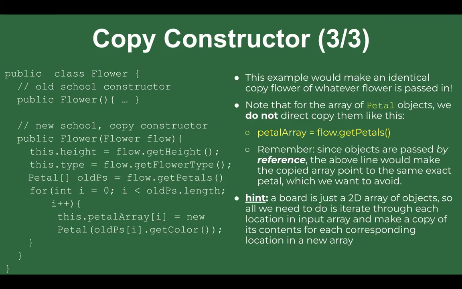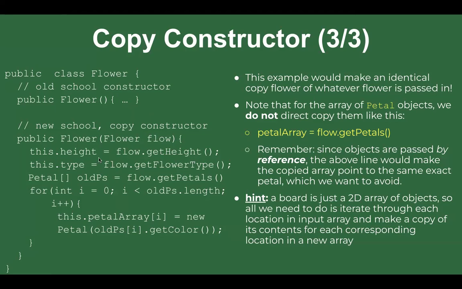Okay, so here's a little code example. In this code example, we have a class Flower, and you can see here this is the normal constructor, which we elided, but below the normal constructor is the copy constructor. In its argument, it takes in its own type, so it's taking in a Flower flow. Then in the instance variables, we are setting it equal to the actual flower's instance variables.